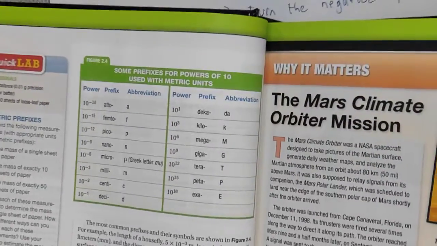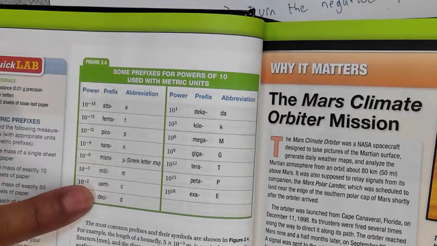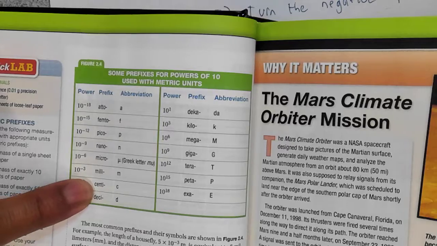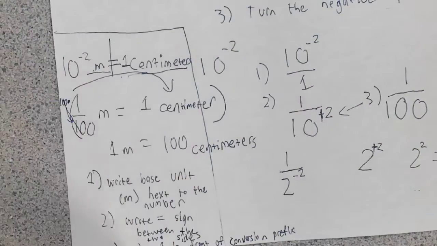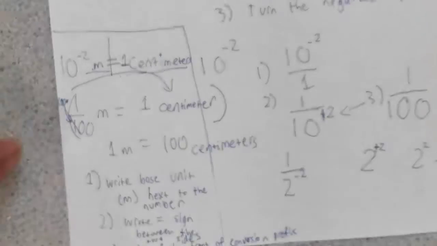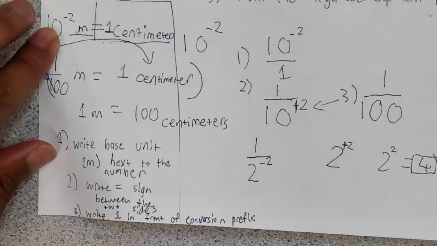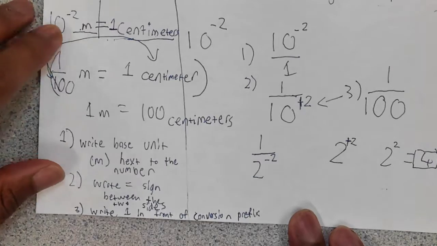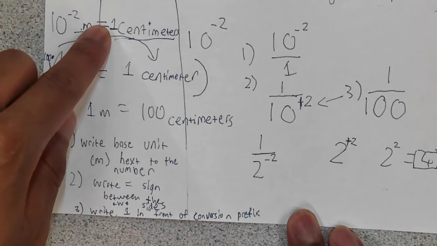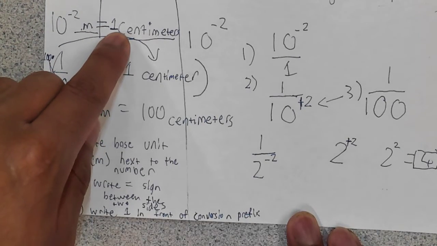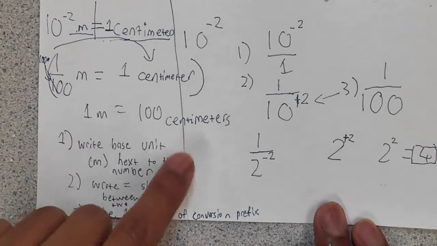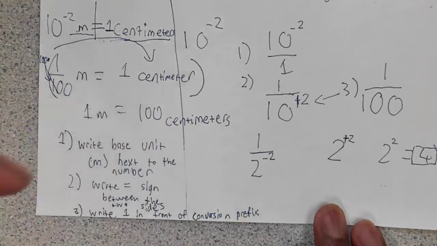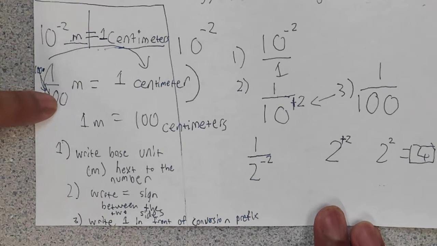And I said the word prefix because, see right here, these are prefixes. So I get that this process is a little bit confusing, but it's only 3 steps. You're writing the base unit in, you're writing the equal sign, and you're writing the 1. Follow those 3 steps and you'll be able to get something more useful out of these conversion charts than what you get at a first glance.